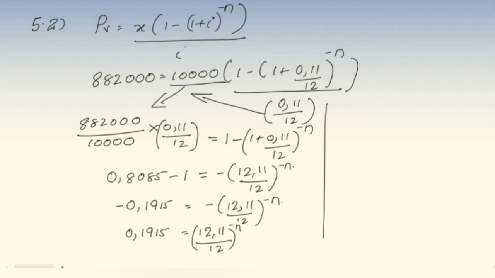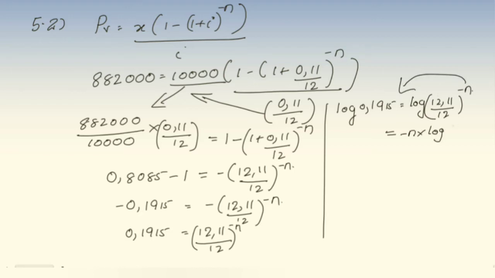So log 0,1915 is equal to log (1 plus 0,11 divided by 12) to the power minus n. Because of the log, I can apply the third rule of logs. This power will come down. That is minus n times log (1 plus 0,11 divided by 12).